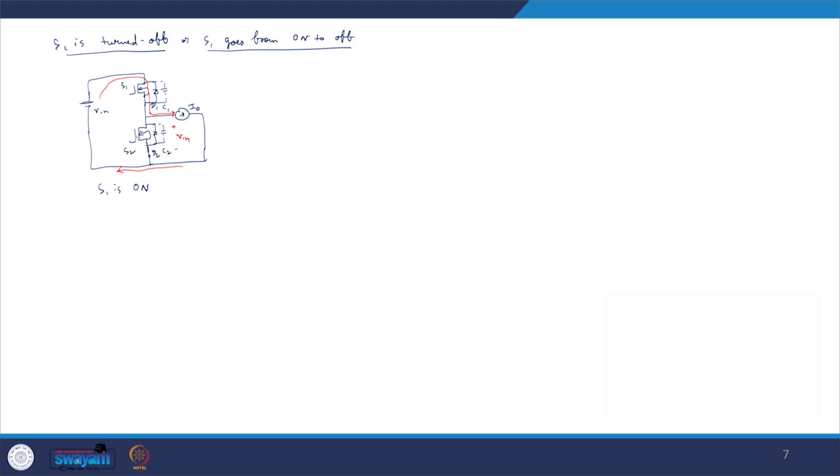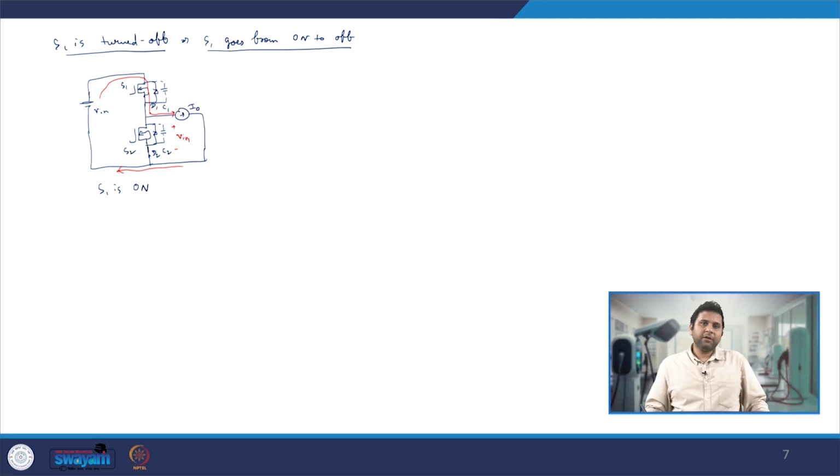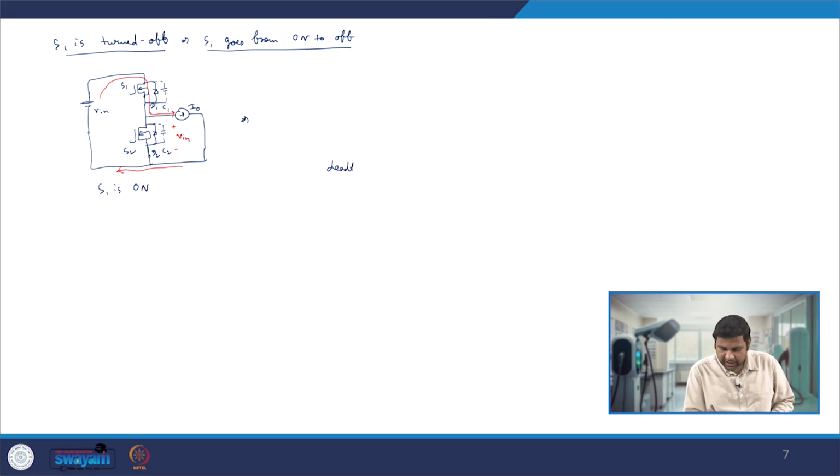The output capacitance of the S2 MOSFET, which is nothing but C2, is blocking Vin voltage. After this, the dead time occurs, during which you have removed the pulse from the gate to source of the S1 switch. Let us see what happens during the dead time.